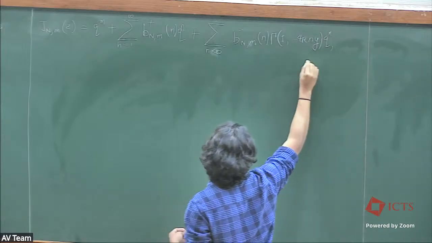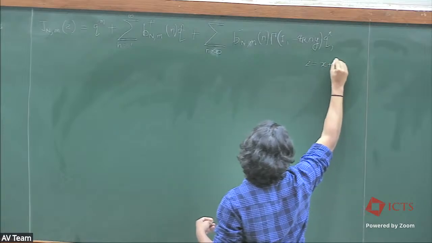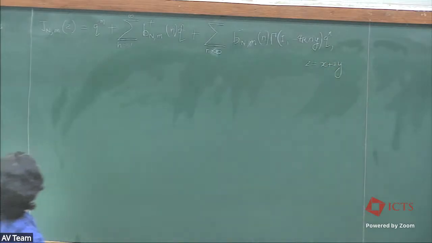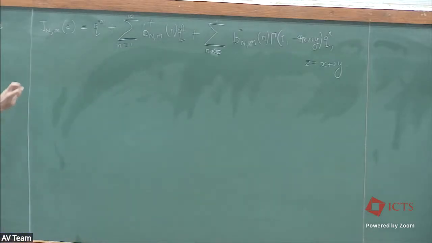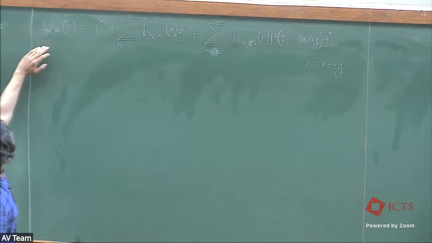Here z is x plus iy. And I'll write down the expression for these coefficients later. Right now, let us just assume that these J_{N,m} have this kind of an expansion.